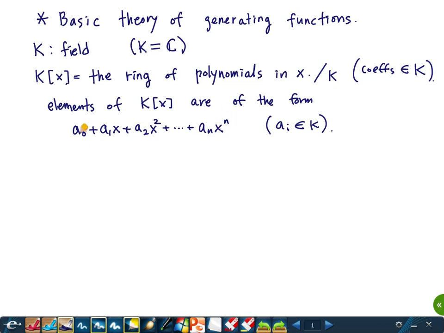And the coefficients are in K. That's where we use K over here. And this, as a set, is just the set of all elements of this form.